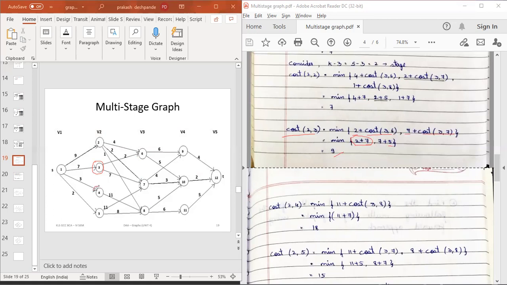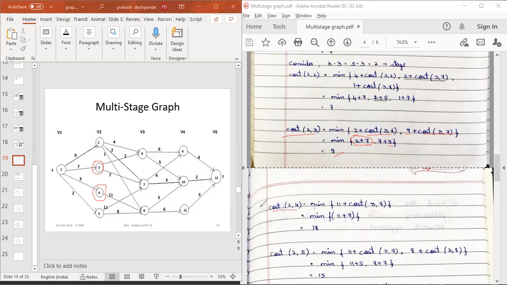The next vertex is 4 here. Cost of 2 comma 4, that is second stage, fourth vertex. From here, if I want to reach the destination, if you can notice, there exists only one path. So we need not take a minimum because we have only one particular path.